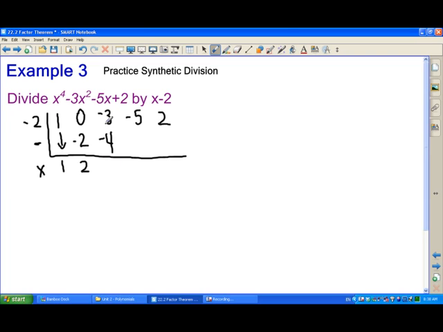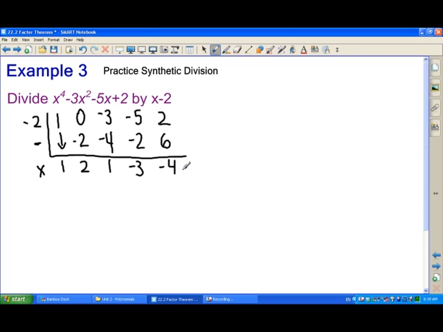I subtract. 3 take away negative 4 is positive 1. 1 times negative 2 is negative 2. And then I subtract again. And I continue multiplying and subtracting until I have no more numbers in my table. Finally, 2 take away 6 becomes negative 4.